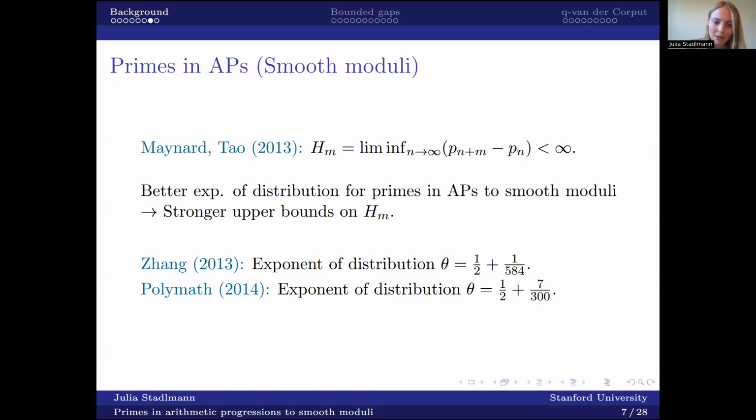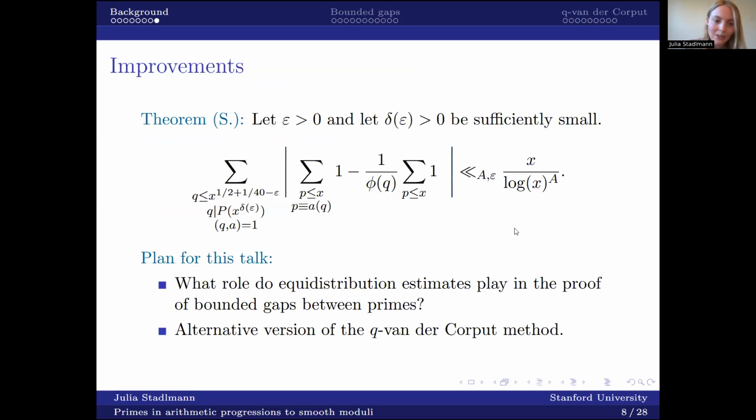And the better the exponent of distribution for primes in arithmetic progressions with smooth moduli, the stronger are the upper bounds on H_m that we get. So Zhang had an exponent of distribution 1/2 plus 1/584, and Polymath improved this to 1/2 plus 7/300, and we recently improved this one to 1/2 plus 1/40.